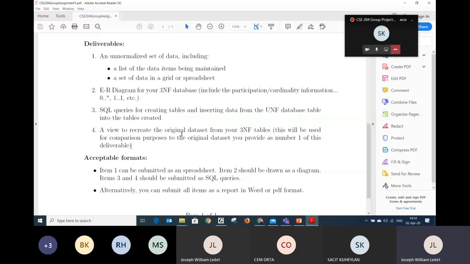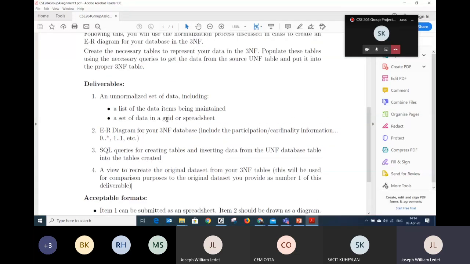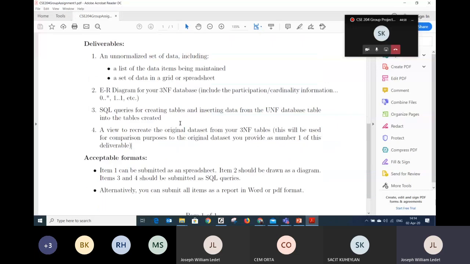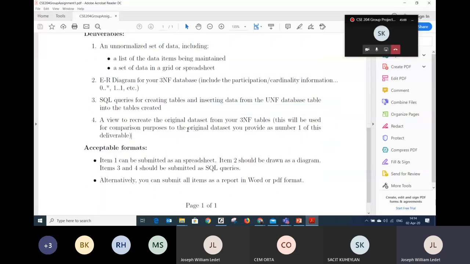Basically, what this first part of your group project is, is the process that I followed in my first job as a programmer. That was a data migration that we did. I've talked about this before with you guys.